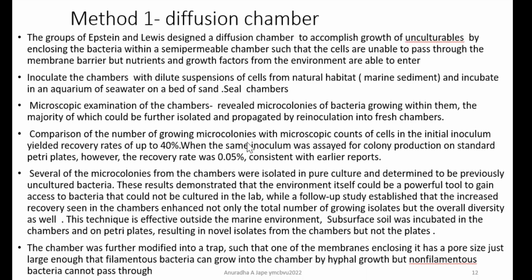You float your disc on top of that, incubate it, and observe what kind of growth you obtain.